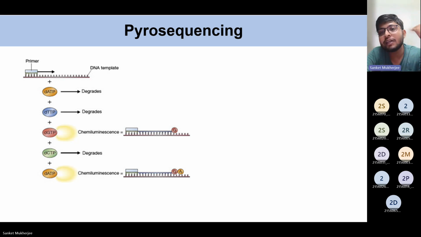Apyrase removes any inorganic phosphates and the unused dNTPs. It degrades them, it removes them from the reaction. Okay. So what could be one potential problem of this?